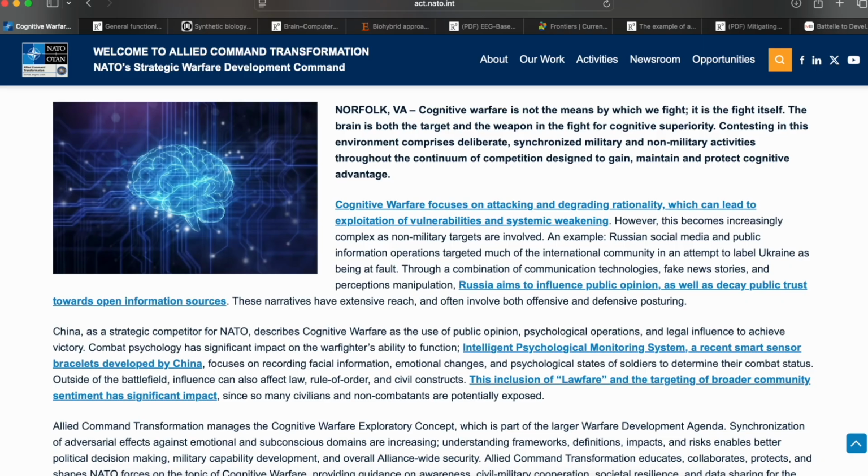Outside of the battlefield, influence can also affect law, rule of order, and civil constructs. This inclusion of so-called "lawfare" and the targeting of broader community sentiment has significant impact, since so many civilians and non-combatants are potentially exposed.